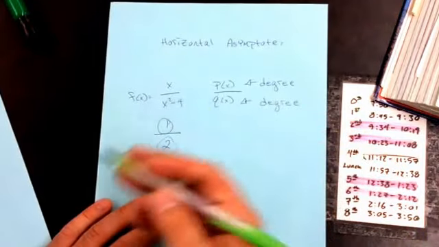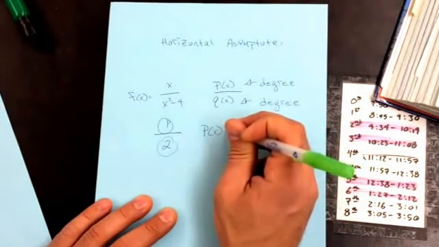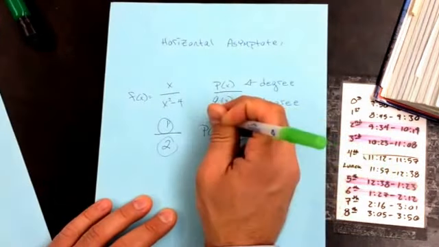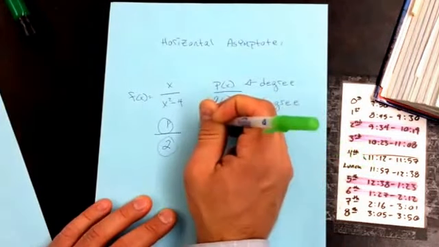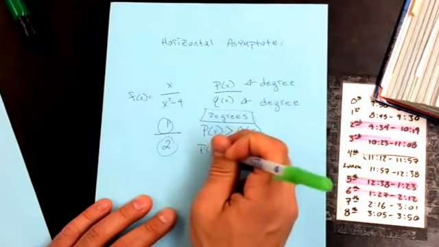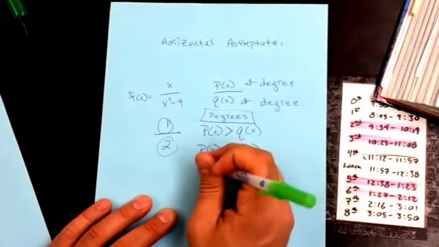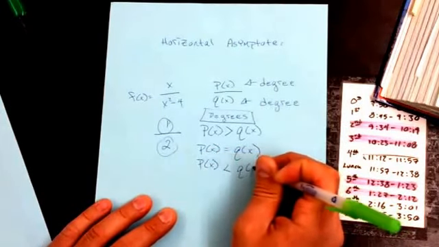I need to look at these numbers and figure out which one is higher. There are 3 different things that can happen. You can have the degree on p of x as larger than the degree on q of x. These are all going to be talking about degrees. You can have the degree of p of x be equal to the degree of q of x. And you can have the degree of p of x be smaller than the degree of q of x.